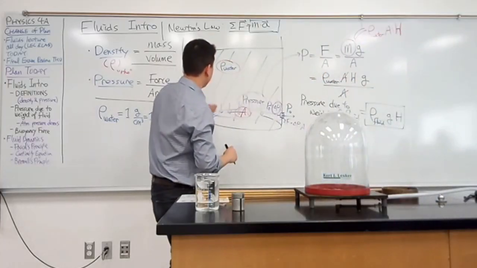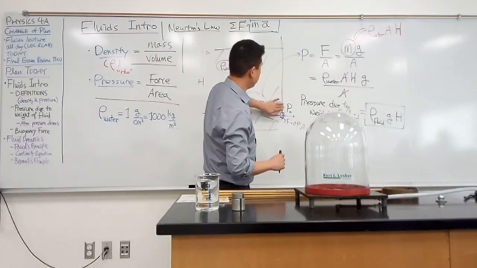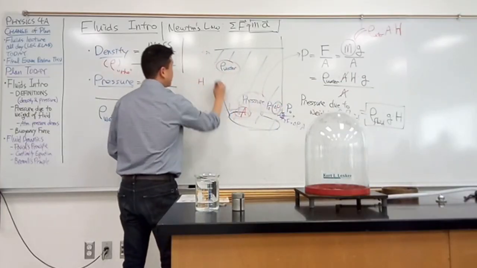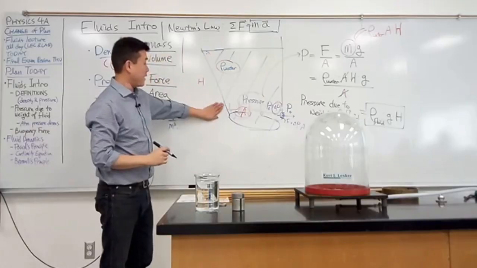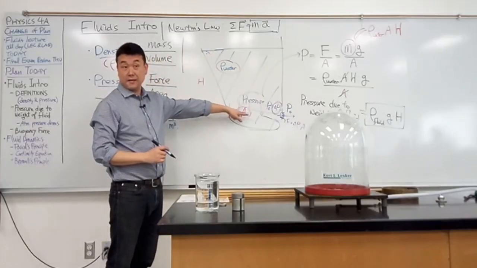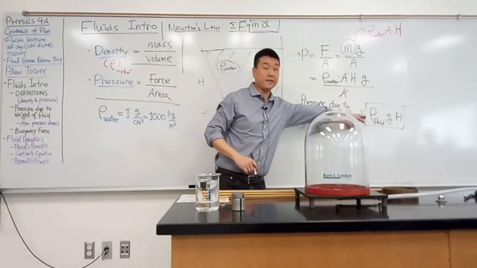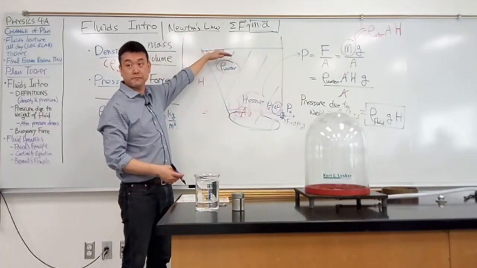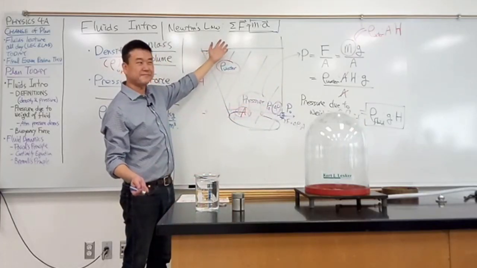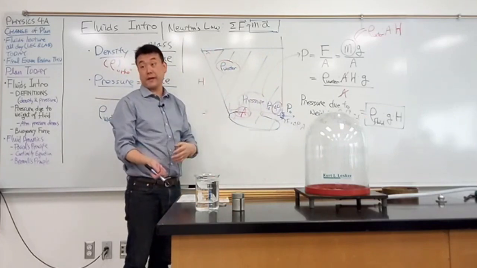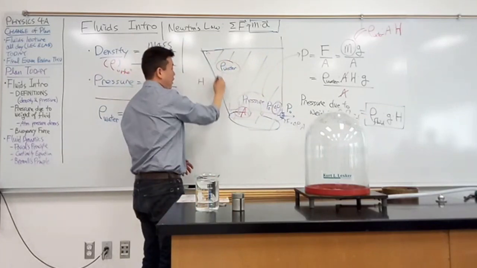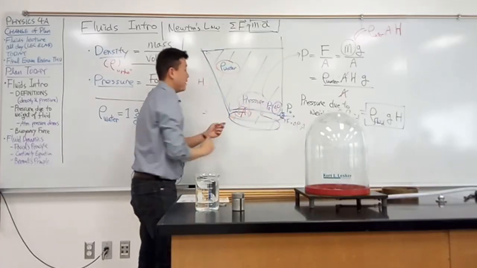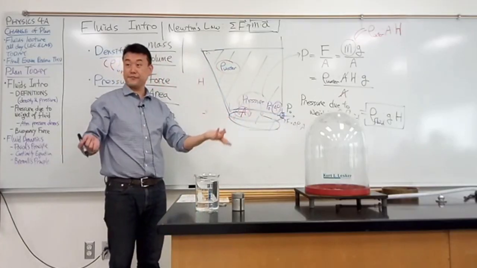If you have a container that looks more like this, it turns out that the pressure at this height is still given by this formula, even though you have additional mass up here. How does that work? How do the forces work out? If you take this amount of mass and divide it by this area here, then you're going to get greater pressure, aren't you?